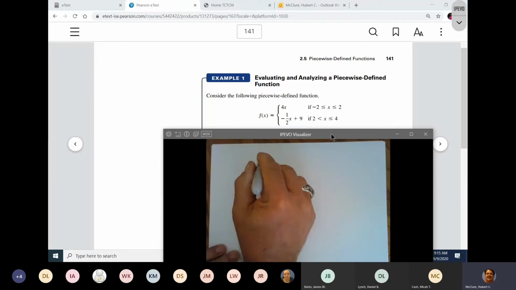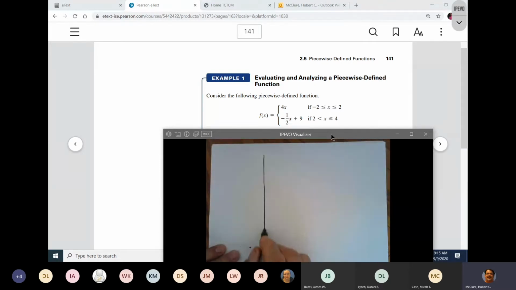So I'm going to draw a big graph, and I'm going to include -2 right there, and then, of course, I will include 4 right there. Now, 4x. We know that 4x has an intercept at the origin because it doesn't have a +2 or a -3. So we know it goes through the origin.